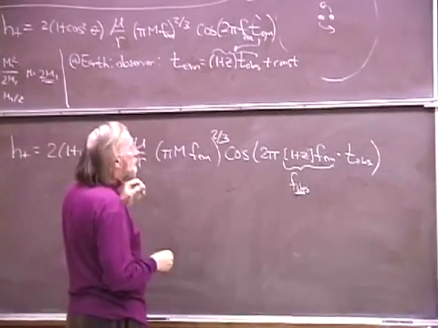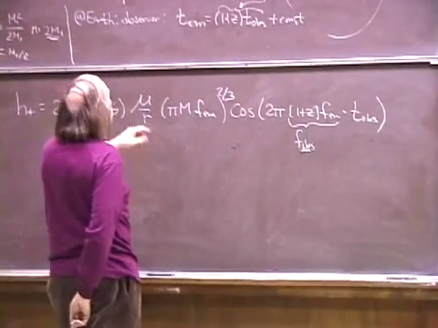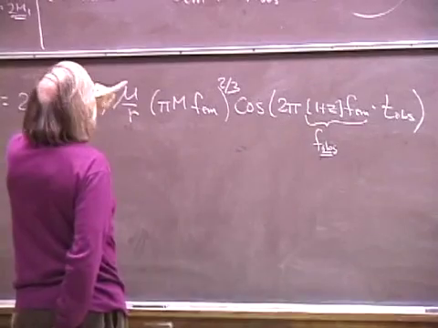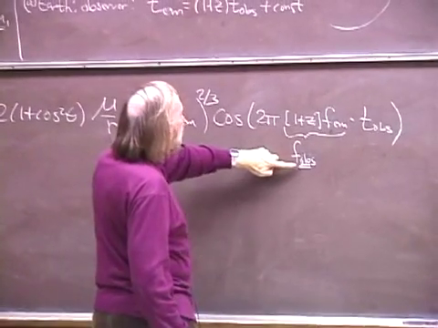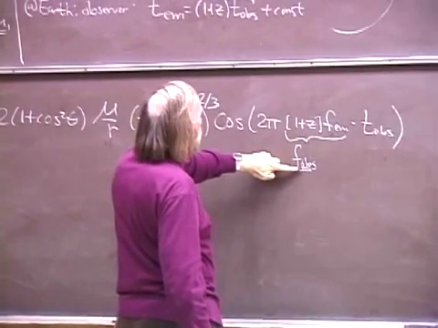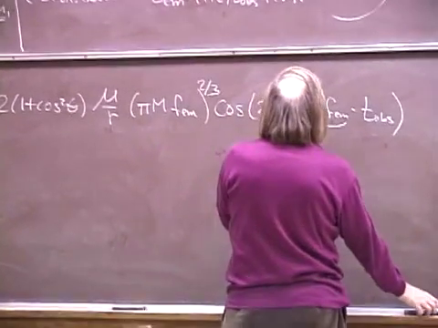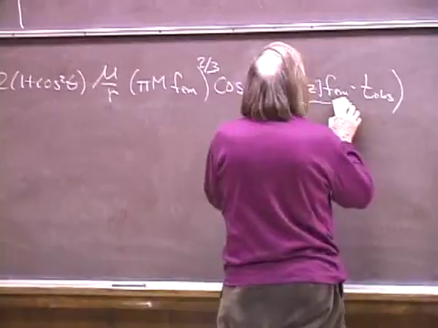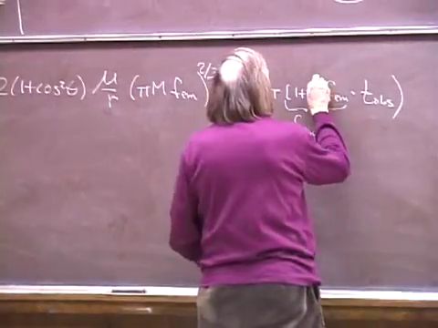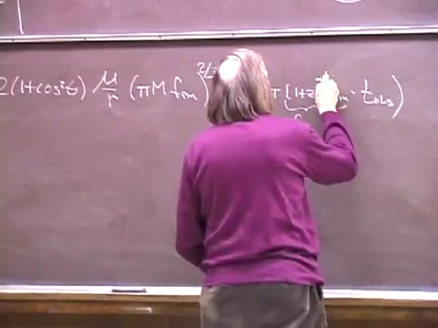So, the observed frequency, just a second. The observed frequency is lower than the emitted frequency, so this 1 plus z should be to the minus 1.